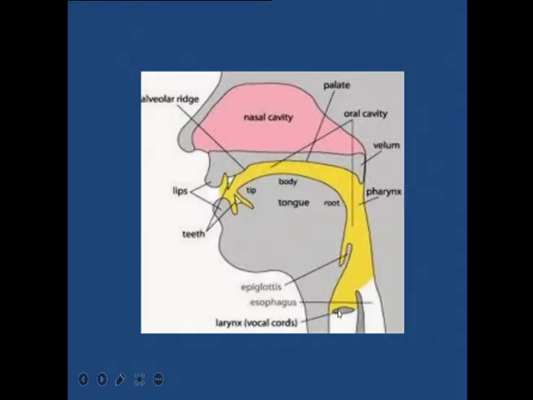Okay. So, the other things, you just come down here, what do you see here? Here are the vocal cords. See, vocal cords are very important in generating sounds.